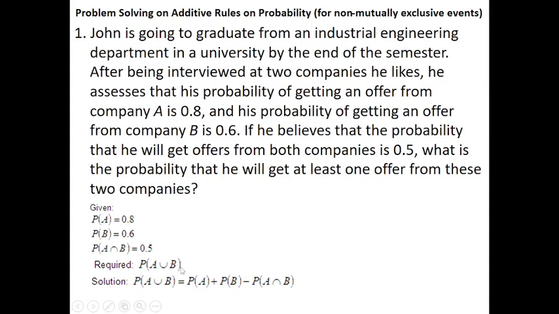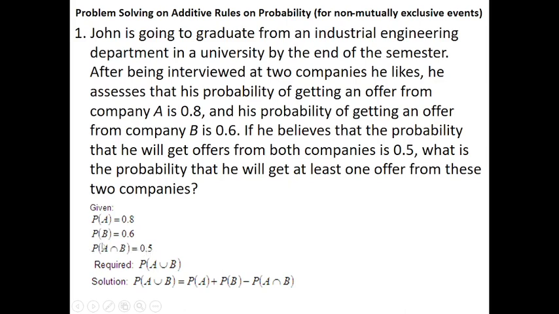So let's apply this formula to solve the problem. Okay? Kasi ito yung mga given natin. So sa problem na to, applicable yung additive rules on probability. At non-mutually exclusive events, kailangan natin masasabi na yung dalawang events, A and B, ay non-mutually exclusive kapag yung probability nila nung occurrence ng dalawang event ay hindi 0, not equal to 0, like 0.5.